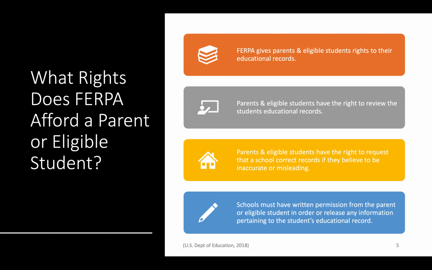Examples of such exemptions include school officials who have legitimate educational interest, schools that the student is transferring to, specific individuals for audit or evaluation purposes, parties in connection with providing financial aid to that student, accrediting organizations of that school, judicial orders or a lawfully issued subpoena, officials in cases of health and safety emergencies, and state and local authorities per the law of that state.